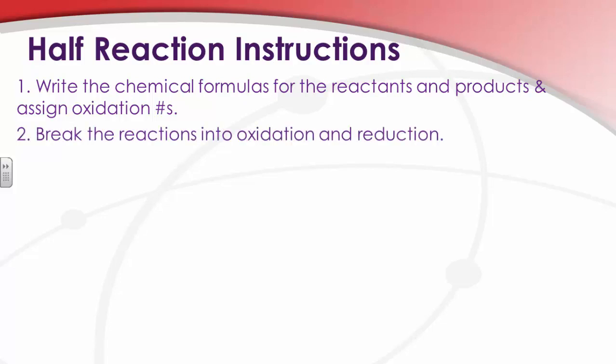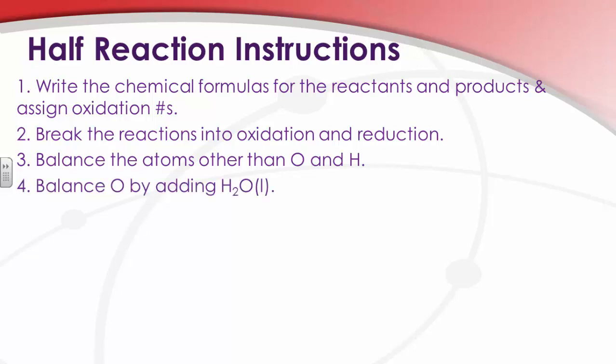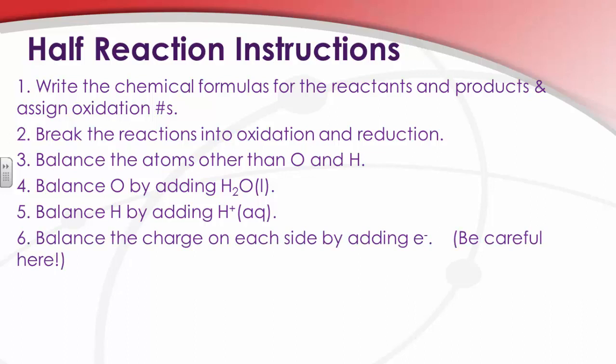This time, though, we want to break the reactions up into oxidation and reduction. Then balance the atoms that are not oxygen and hydrogen. Balance oxygen and hydrogen the way we did last time, using water and protons. And then we're going to balance the charge by adding electrons.